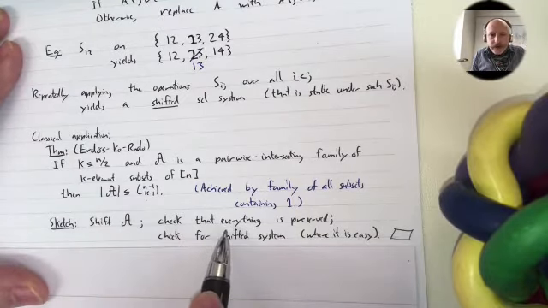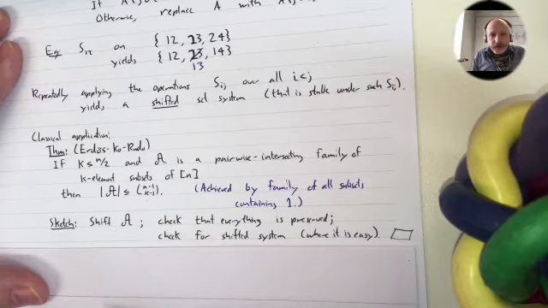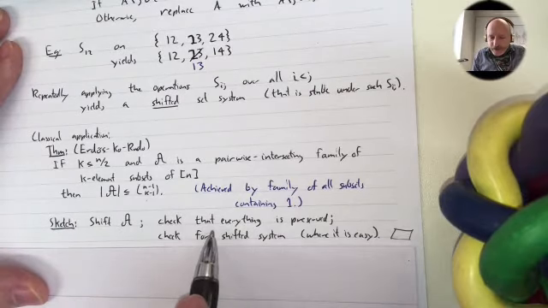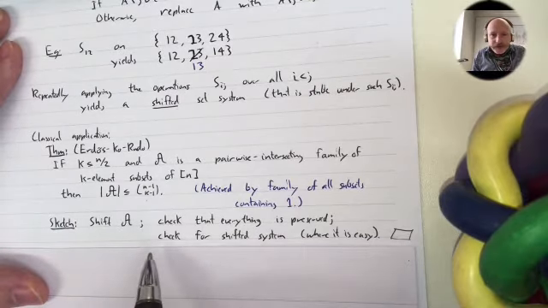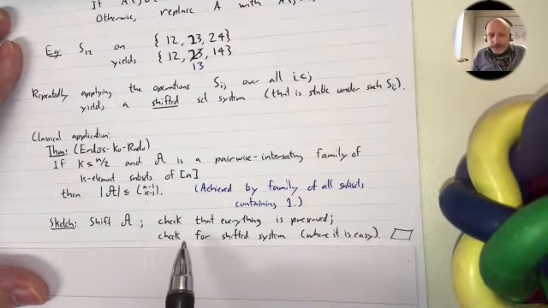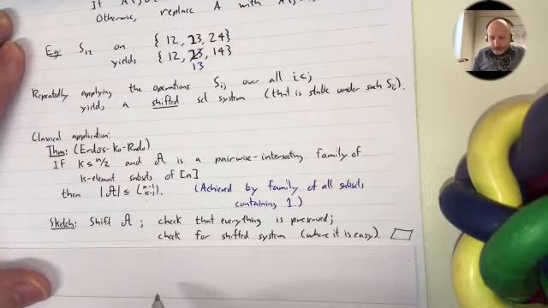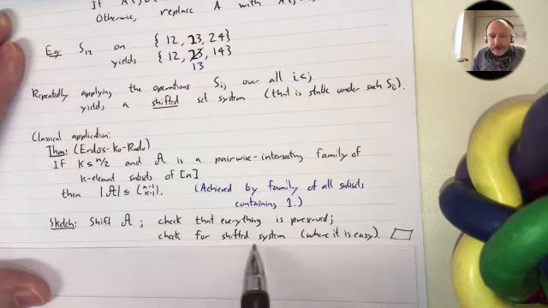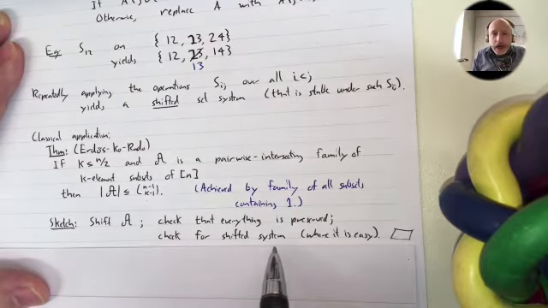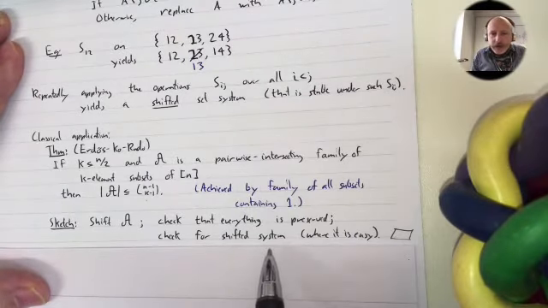You check that everything up here is preserved under them. It's obvious that shifting preserves the size of the family. It's a little check that it preserves the pairwise intersecting property, but that's not difficult. And now you check that the theorem holds for a shifted system of sets. It's much easier to check on a shifted system of sets. It's a simple induction.